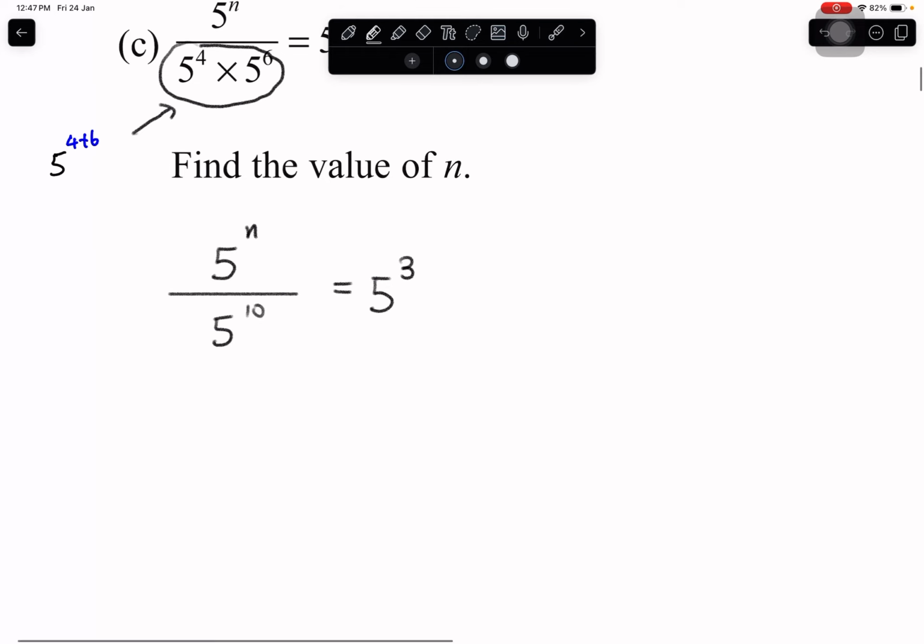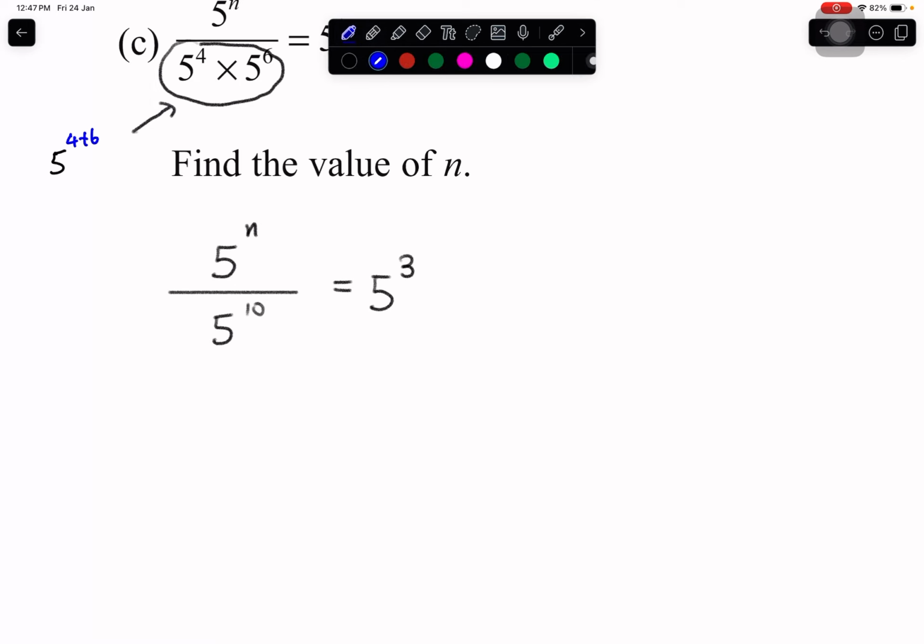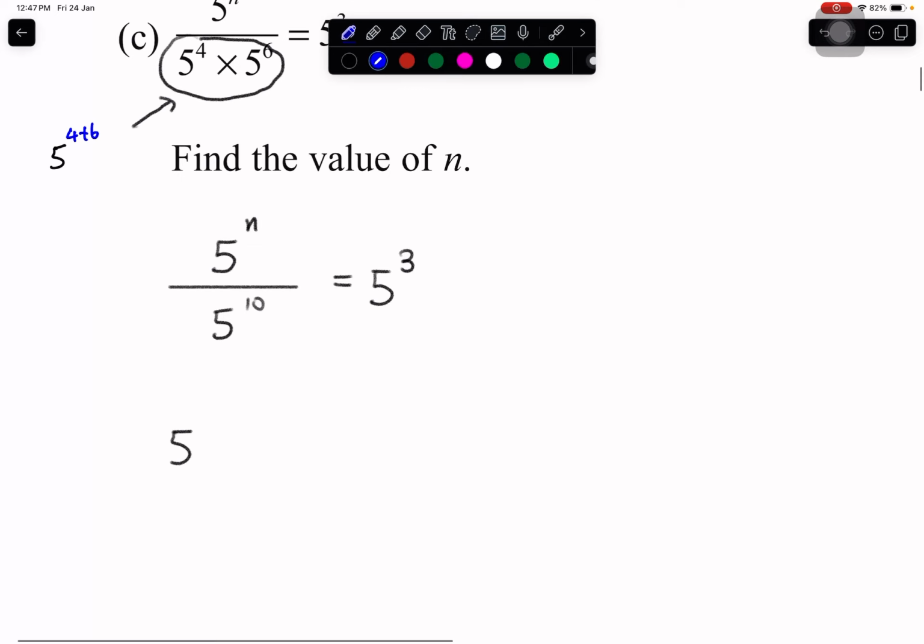Okay, so now you can do two things. One, you can stay here and then use a to the power of b divided by a to the power of c, which is 5 to the power of n minus 10. Okay, because that's a division as a whole, which is a to the power of b minus c on the top.